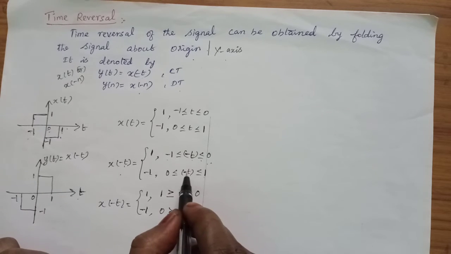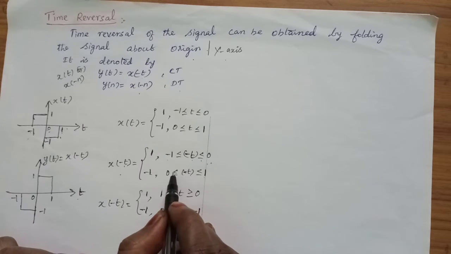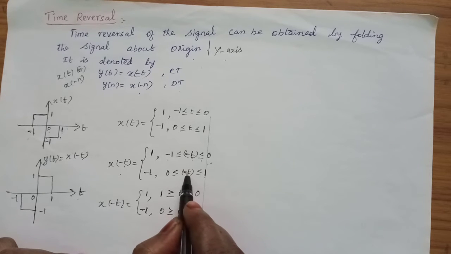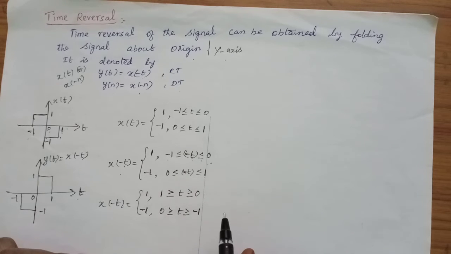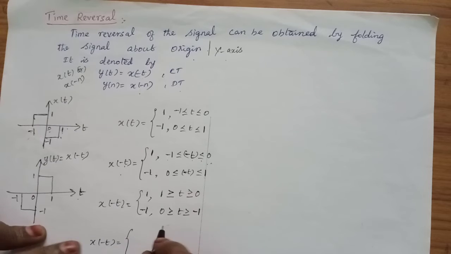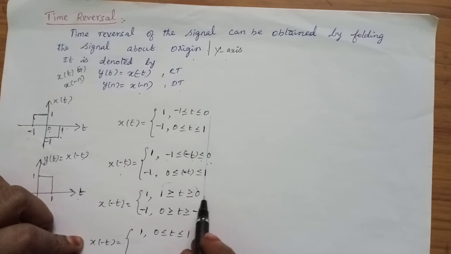So whenever we change the sign in the limits, we should change the relational operators also. Further, we can write it clearly. So x of minus t equal to 1 for 0 less than or equal to t less than or equal to 1, and in the reverse way, minus 1 for the duration minus 1 less than or equal to t less than or equal to 0.